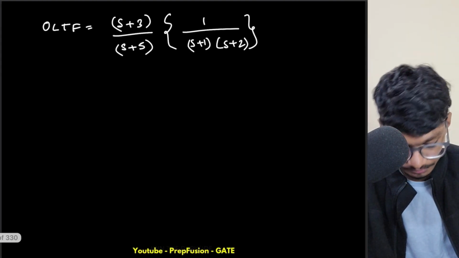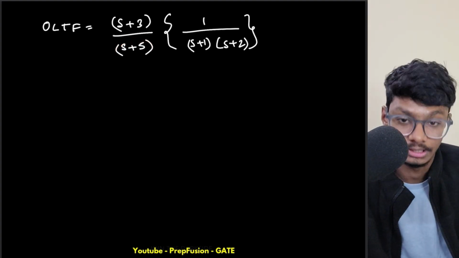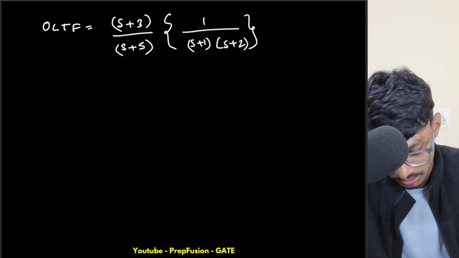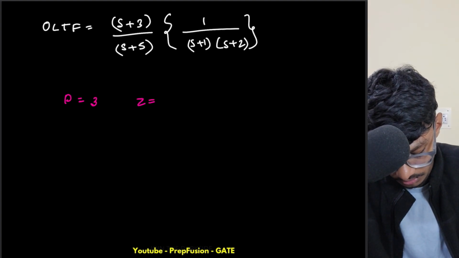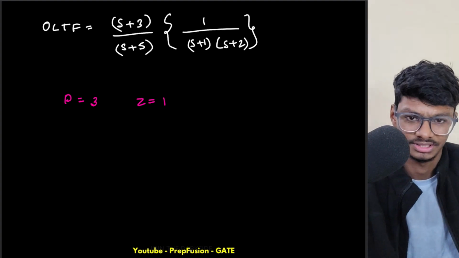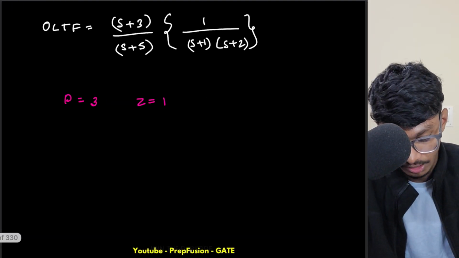So this is my OLTF. Now if this is my OLTF, obviously how many poles do I have? The number of poles I have is 3 and the number of zeros I have is 1. The same thing. So they have just told us to find the angle of asymptote.